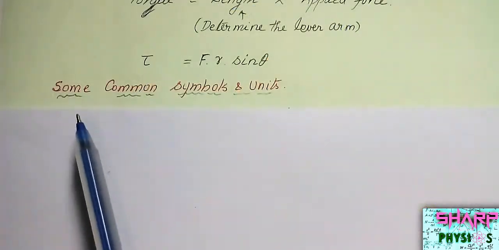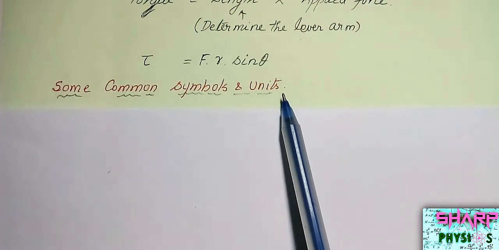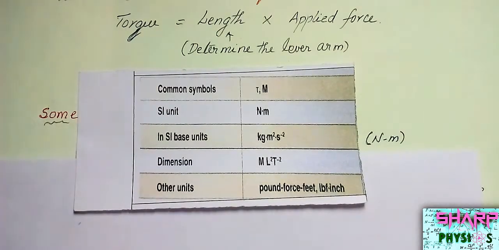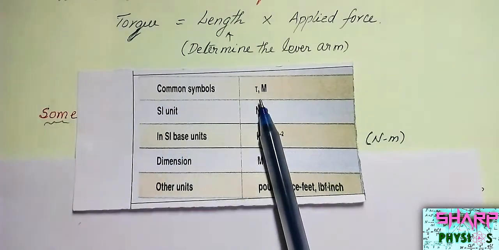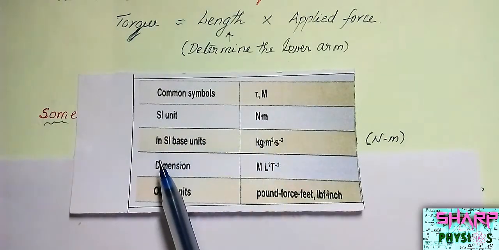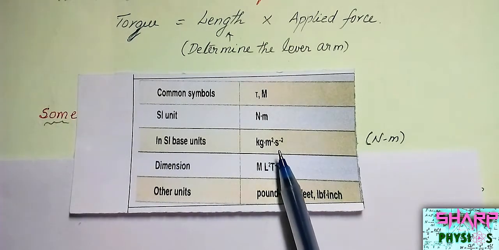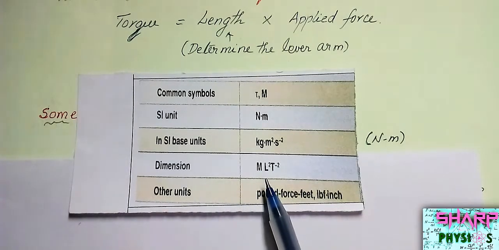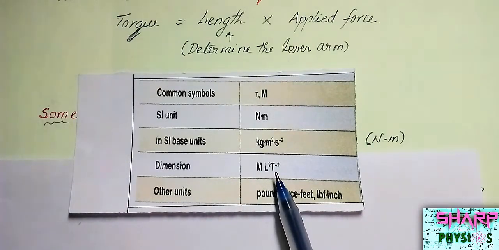So let's see some common symbols and units of torque. The unit for the torque is Newton meter. The common symbol we use is tau, and the SI unit is Newton meter, and the SI base unit is kilogram meter squared per second squared, and its dimension is M L to the power 2 T to the power minus 2.